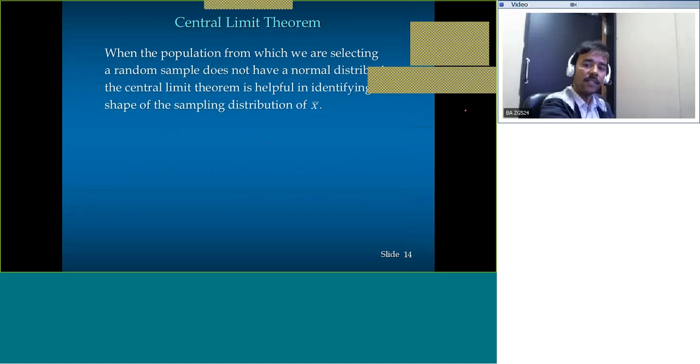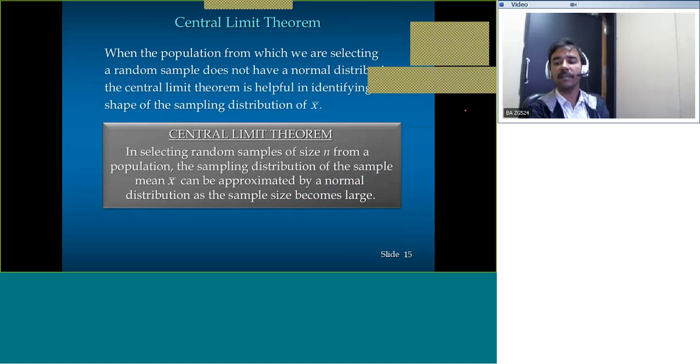But there is a very interesting theorem called the central limit theorem. Do you know that? What do you mean by the central limit theorem? The previous slide says that if the population is normal, irrespective of sample size, the sampling distribution of x bar follows a normal distribution. But if the population is not normal, then the central limit theorem says that the sampling distribution of x bar follows a normal distribution if the sample size is very large.